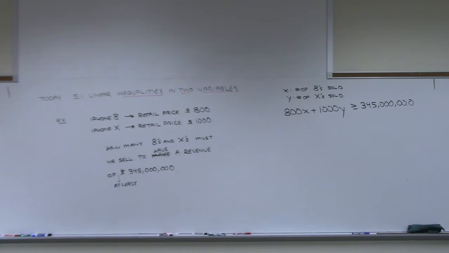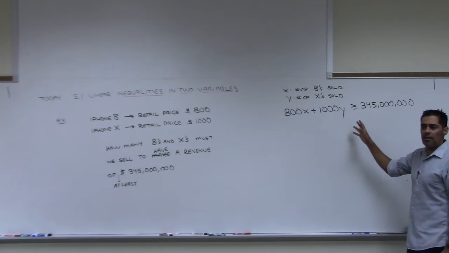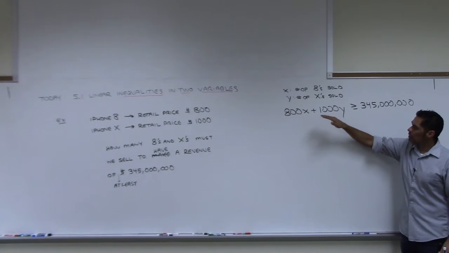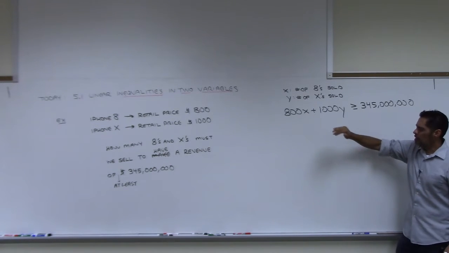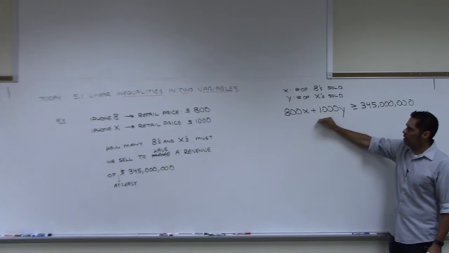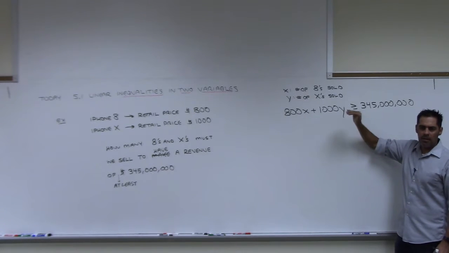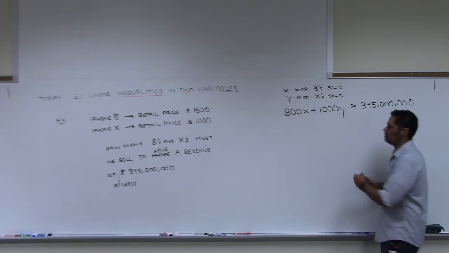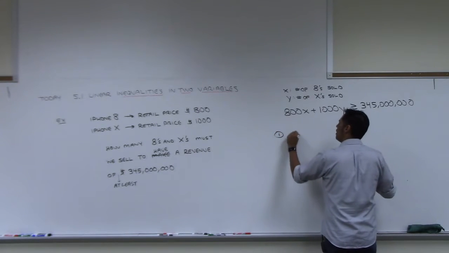What's the first step? Try to plug in two numbers. That would be testing, right? That would just be checking. If this is a linear inequality in two variables, I'm going to first turn it into an equation, right? That's what I'm going to do first. So first step, turn it into an equation.